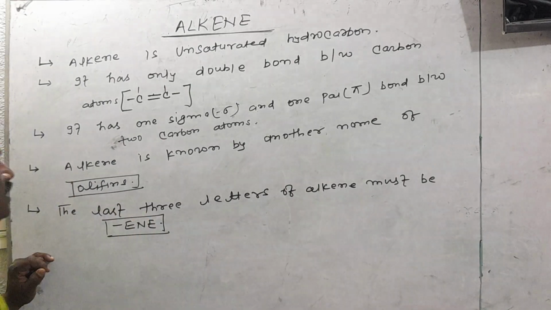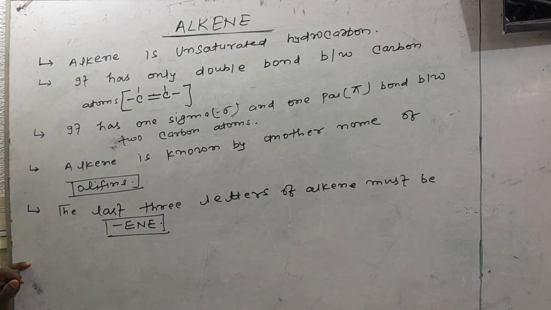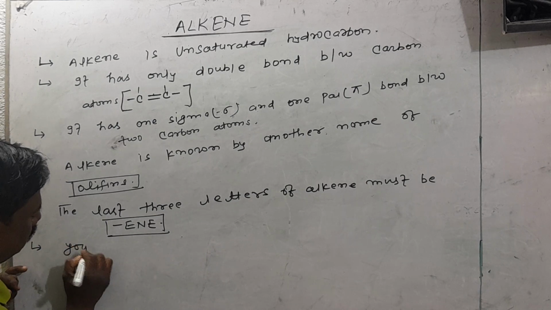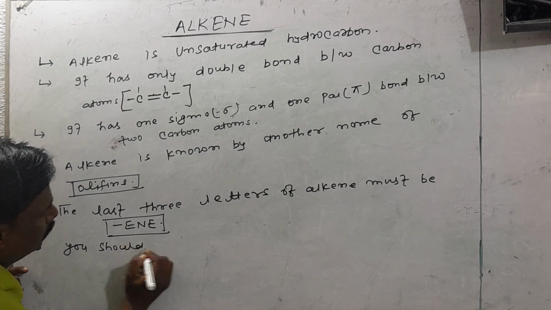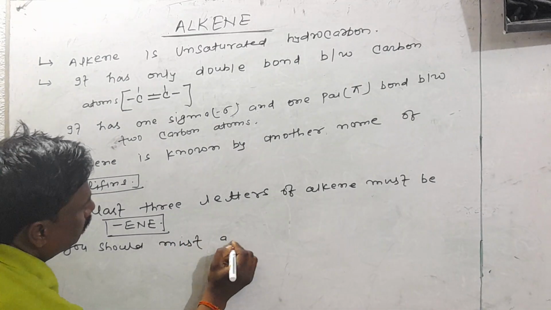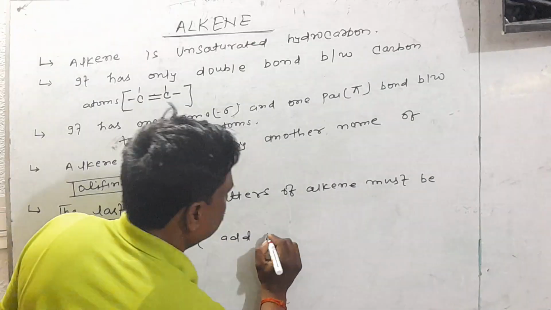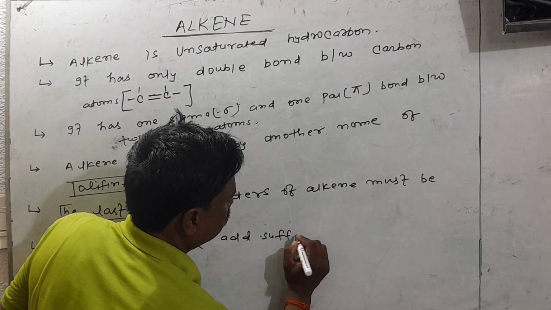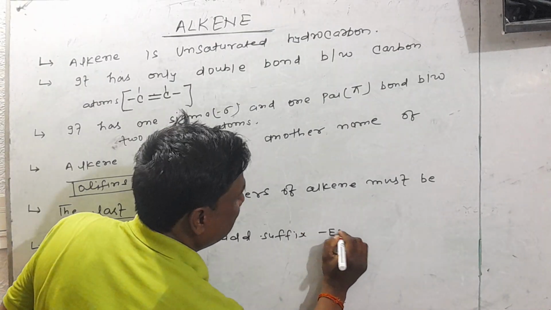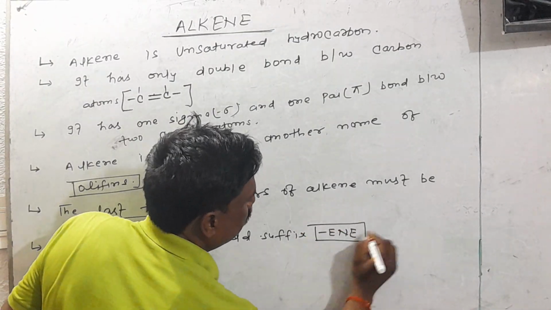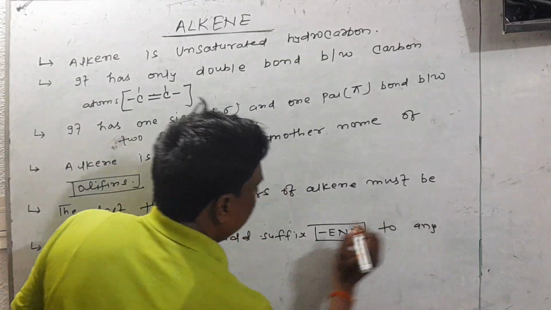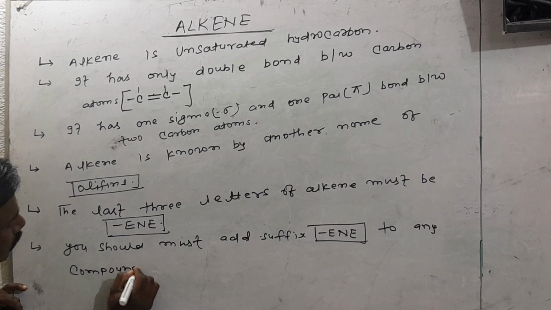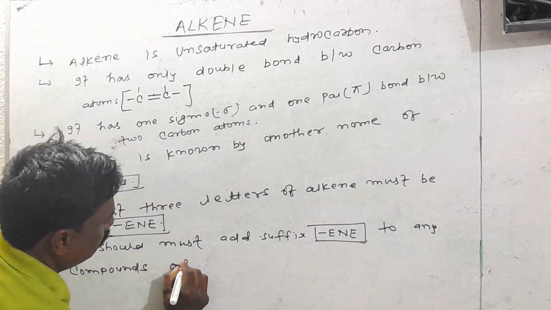In other words, we say that you must add the suffix ene to any compounds of alkene.